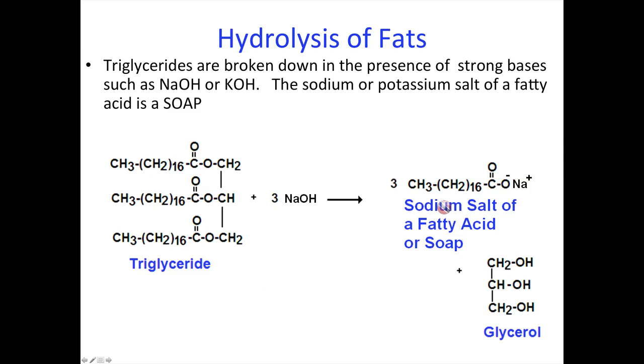Normally we use stearic acid, combining 3 molecules of stearic acid with glycerol. So when you hydrolyze that TAG molecule, you would get sodium stearate. And sodium stearate is used to make soap.